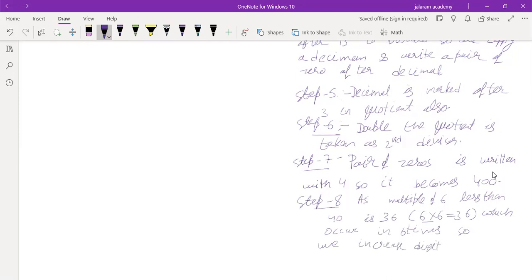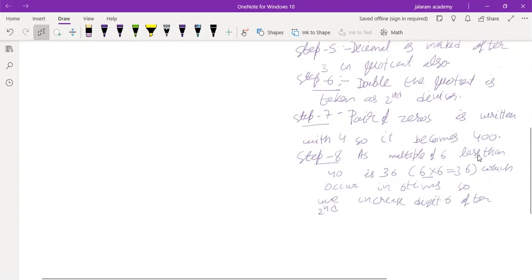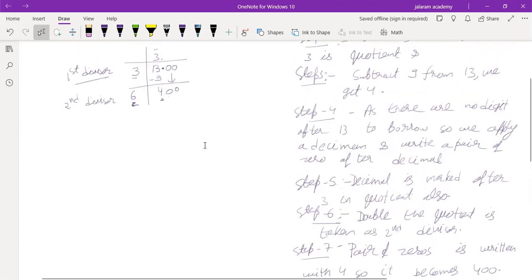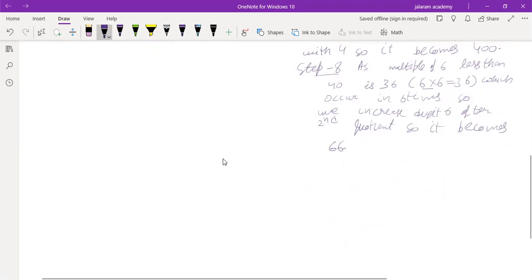So we increase the digit 6 after the second quotient. So it becomes 66. And then 66 into 6 equals 396.